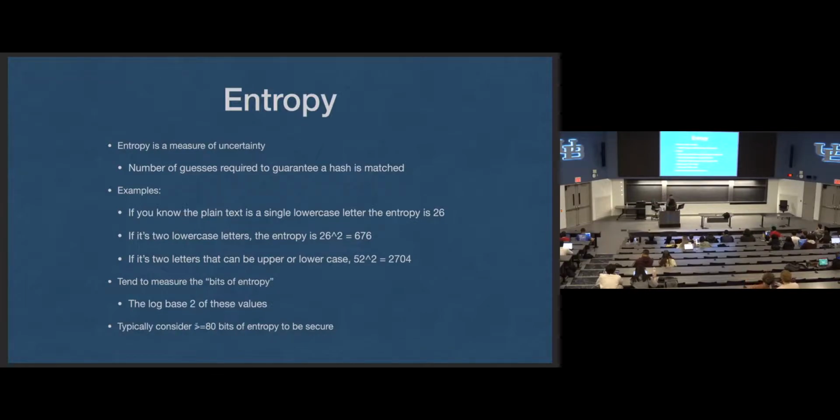And as a rule of thumb, we say if you got 80 bits of entropy, at that point, we'll call it secure. It's pretty secure at that. If you have true 80 bits of entropy and the attacker has to go through that entire 80 bits of entropy, you're secure. 2 to the 80 is a ridiculous number.